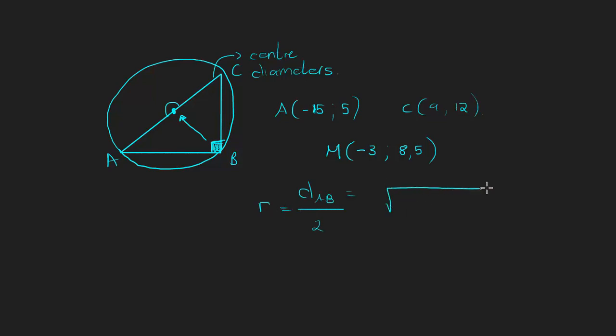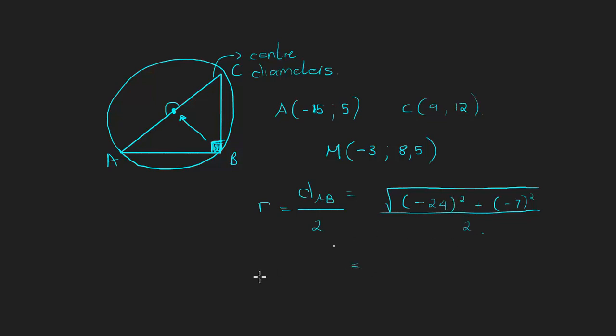So I take the distance, which is negative 15 to 9. That distance is negative 15 minus 9, which is negative 24 squared, plus 5 minus 12, which is negative 7 squared, and then that answer divided by 2.